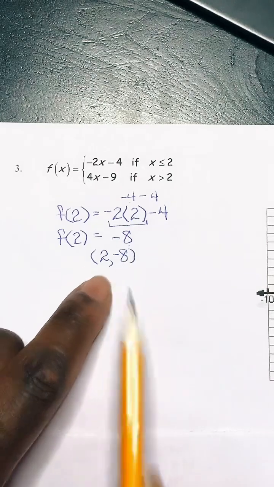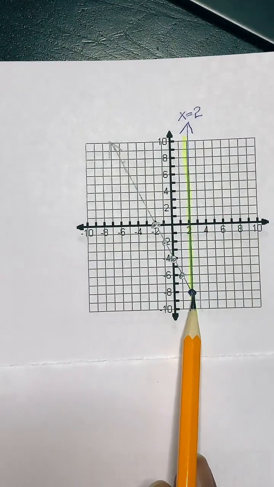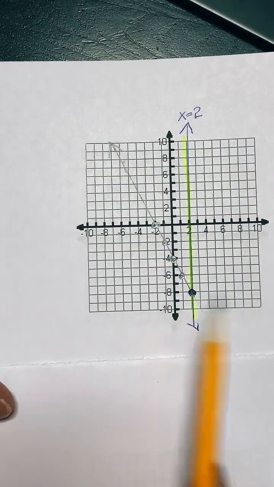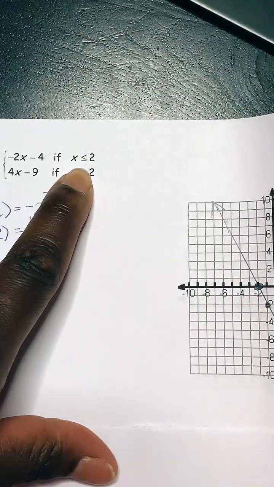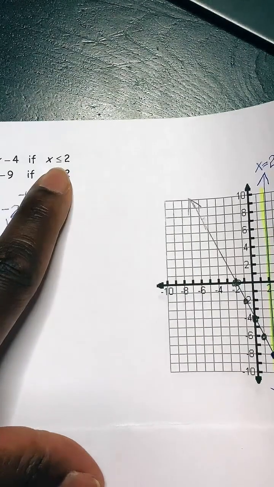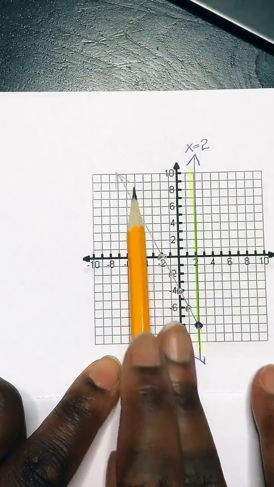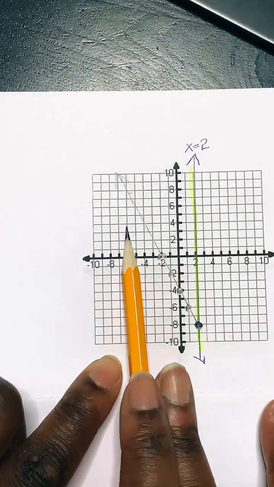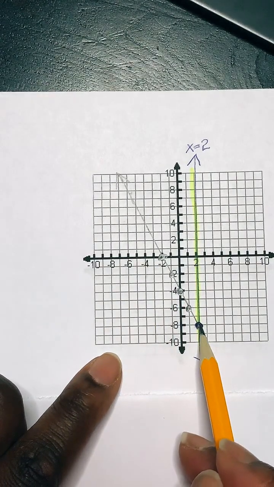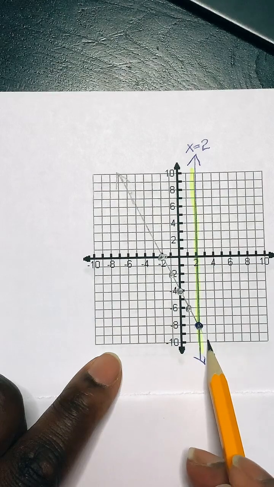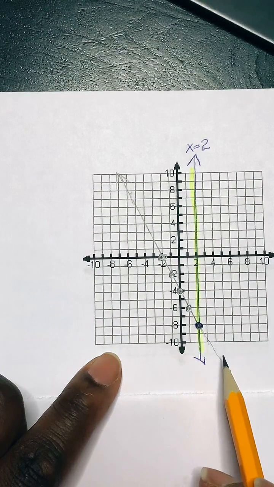Okay, all right, good. So that's the point that's right here, that 2, -8. And it's closed because the inequality sign was less than or equal to. Since it says less than, we're looking at the graph to the left of it. We're used to saying, okay, my slope is -2, so I would go down 2 to the right 1. But we don't want this part of the graph.